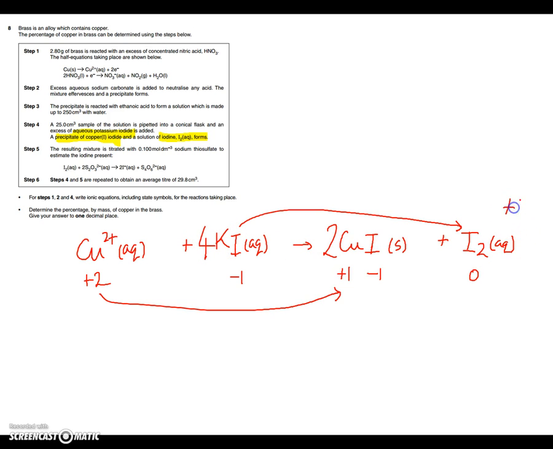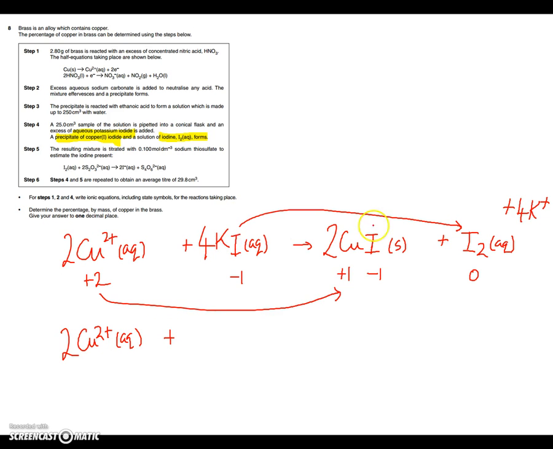And so if we were going to balance that out, that would leave us with 4 K+, and then as we're only interested in having an ionic equation, we end up with just copper 2+ aqueous. Sorry, balance that as well, so 2 of them.